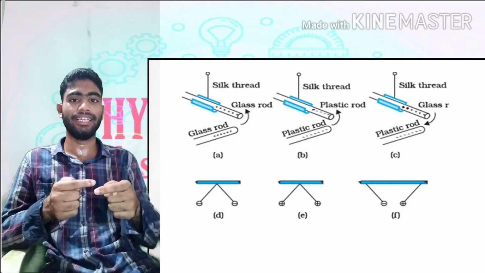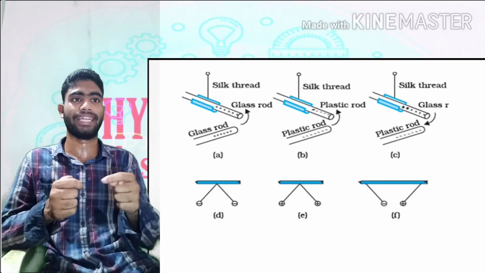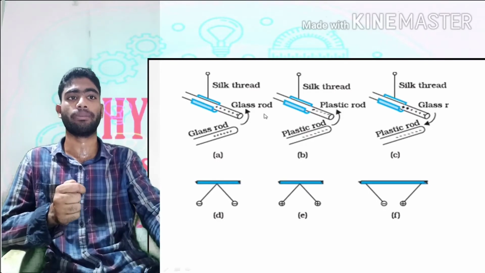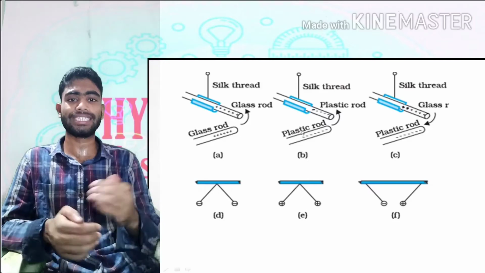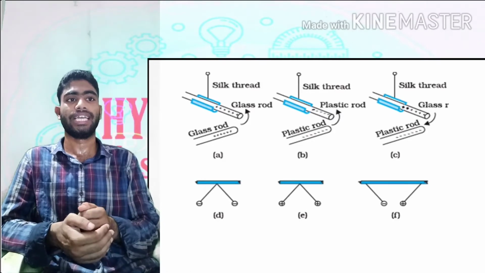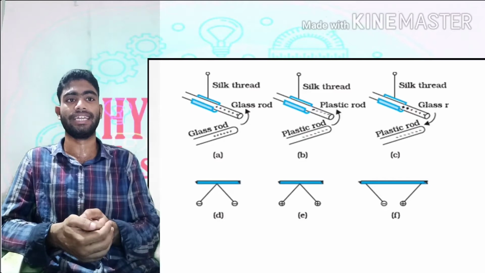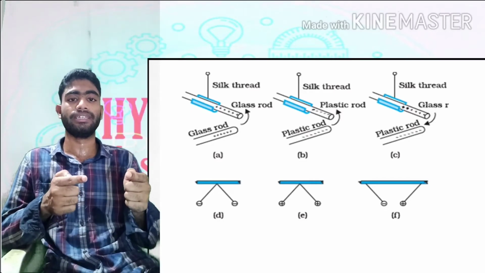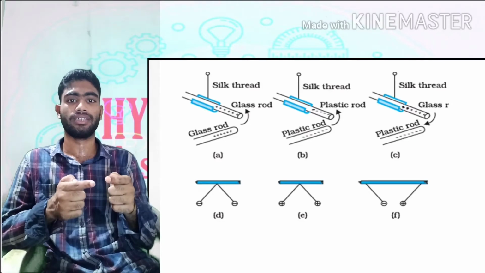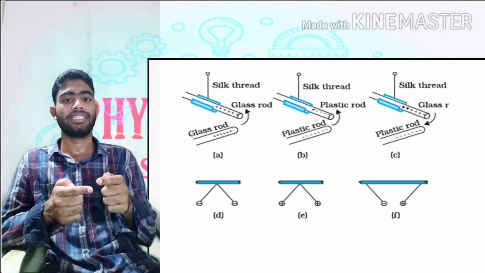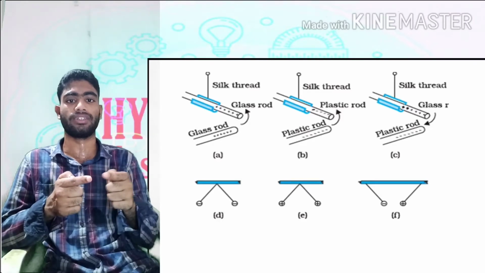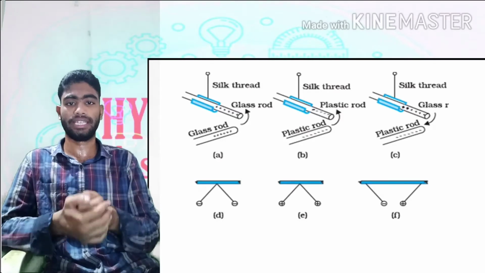And again he did the same thing by taking a plastic rod and a steel rod, which is given in figure B. He repeated the same thing, but here the material is different: a plastic rod and a silk thread. And again when he brought the plastic rods near each other, he got the same result, that these two plastic rods repel each other.